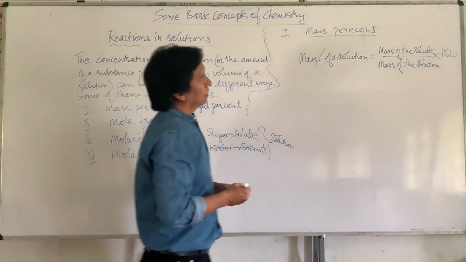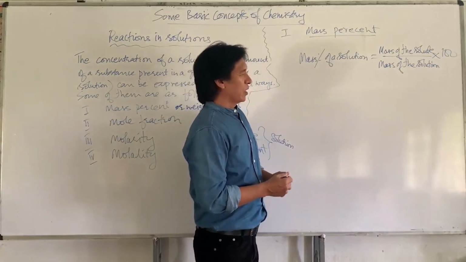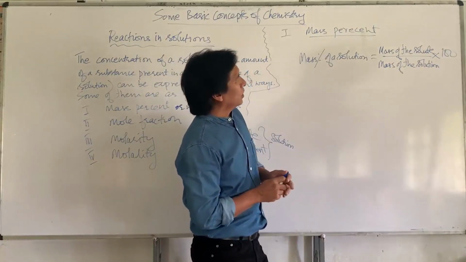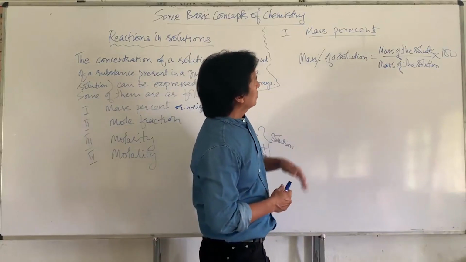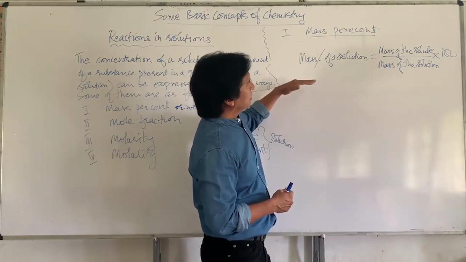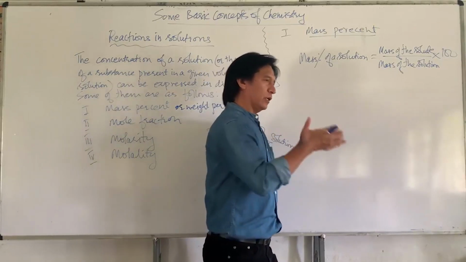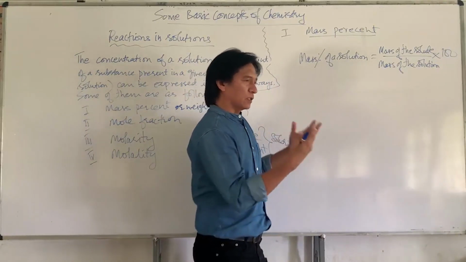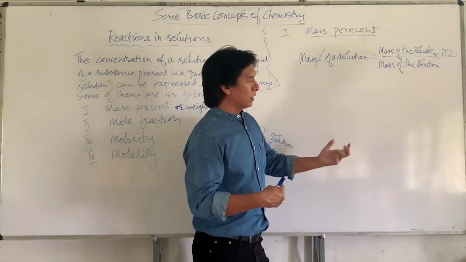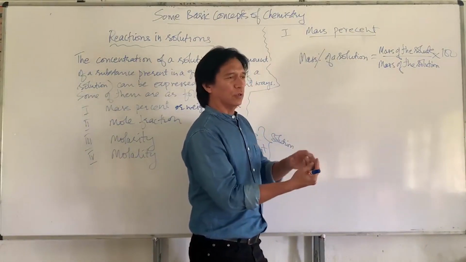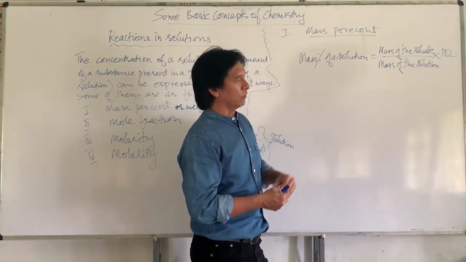So mass percent of the solution is one way of expressing the concentration of a solution. Say you have some sugar dissolved in a glass of water. If you know the quantity of sugar in 1 liter of a solution, you should know how to express the concentration of that solution.